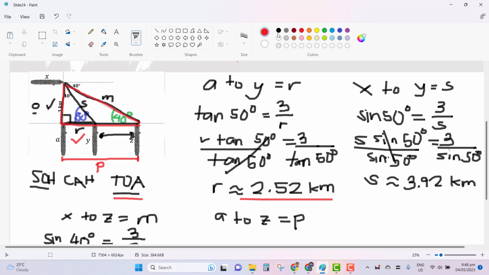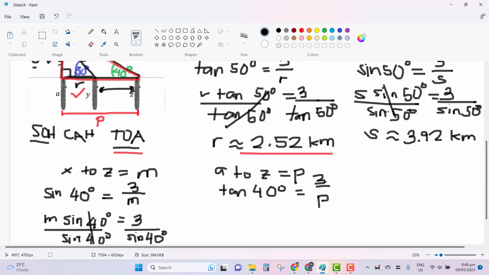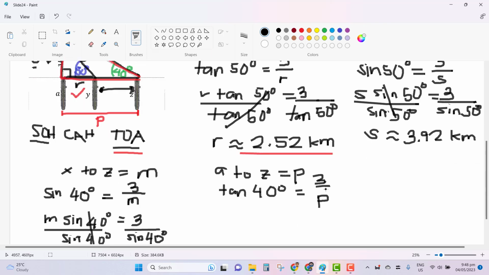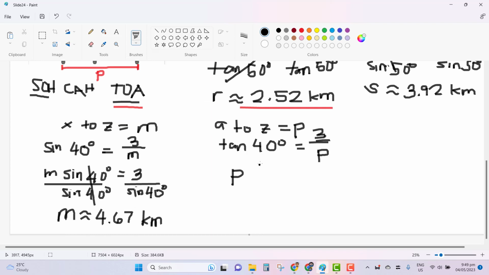So we will have here tangent of 40, not 50, because that's the angle that we're referring to right now. TOA, it's still 3 divided by P. So comparing it from earlier, tangent 50, 3 over R, tangent 40, 3 over P, they're the same. So cross multiply, you'll have P tangent 40 degrees is equal to 3.